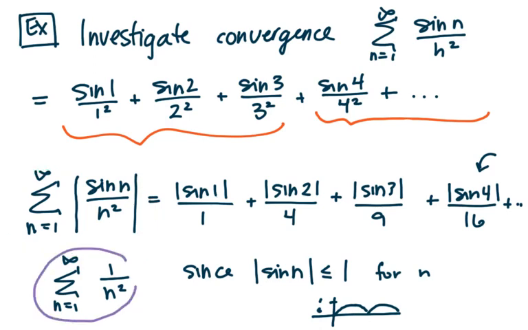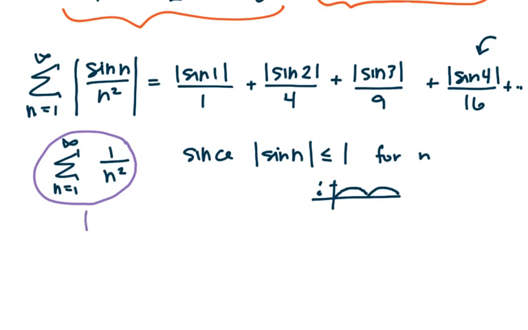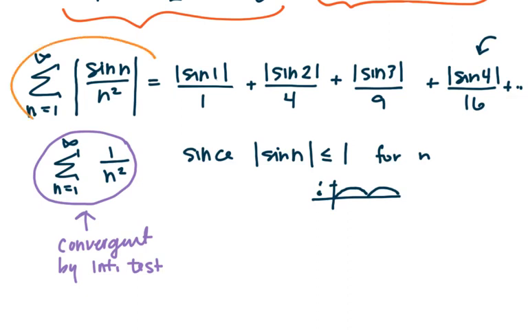So if we think about the series from 1 to infinity of 1 over n squared, when we were talking about the integral test, you'll remember in the first integral test video I did, the second example in that video, we proved that this was convergent by the integral test. Okay, so this series is convergent. This series is larger, always above, sine n divided by n squared.